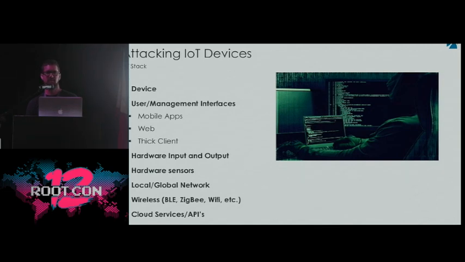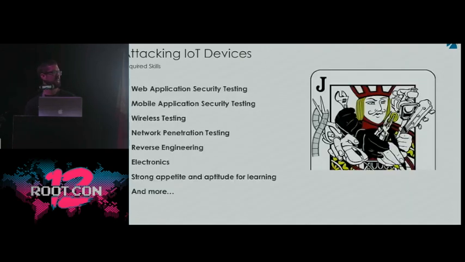And also, just as a typical network device, you will test it at the local network level and layer 2 level, as well as in the network level over IP, if it's over IP. And last but not least, cloud services or APIs that the device makes use of should also be in scope for your engagement. So what that means is, as a tester, you need to have quite a few skills.